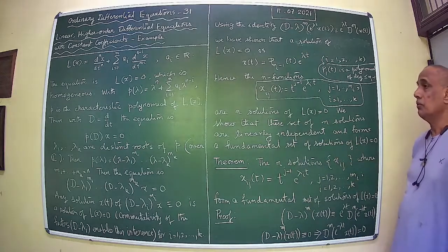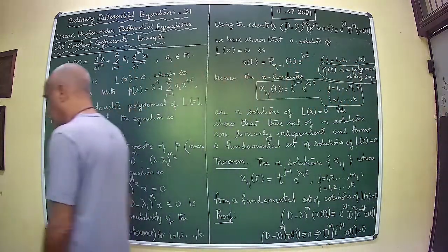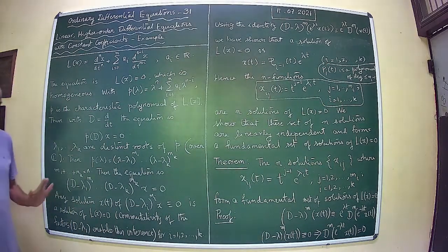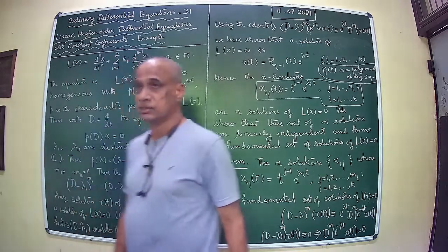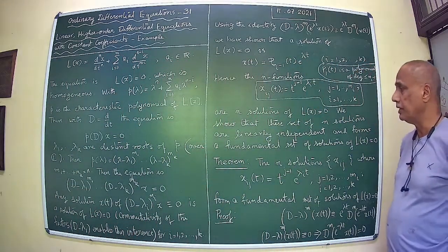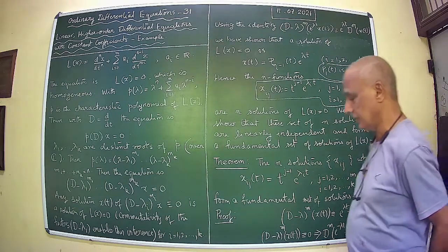Therefore, we have these functions forming a fundamental system of solutions for the problem, so that every general solution can be written as a linear combination of x_ij's.